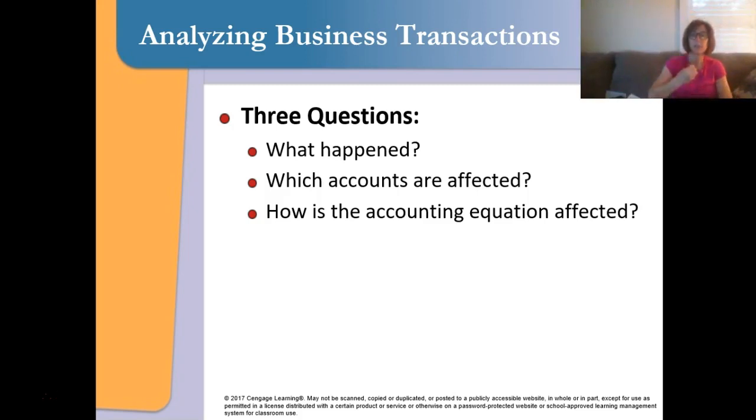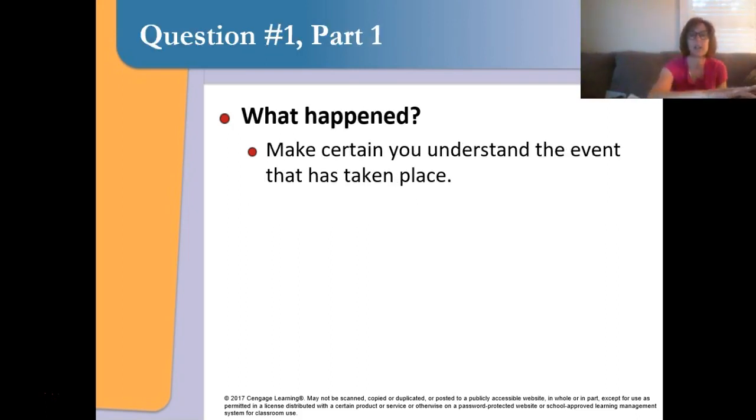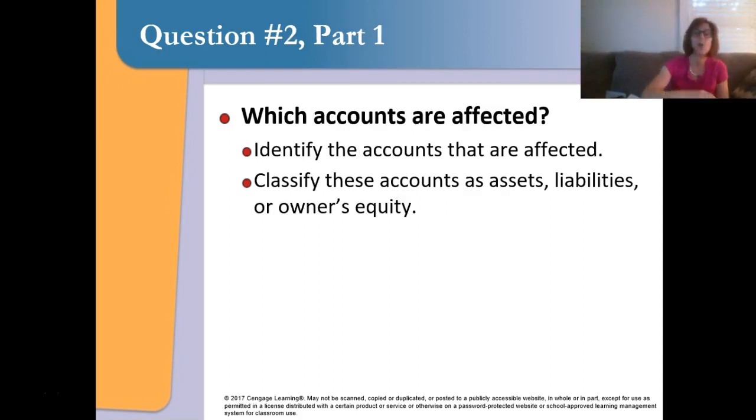So when we're looking at a business transaction, we've got to ask ourselves three things. What happened? What accounts were affected? And how does that change the accounting equation? So let's first focus on what happened. What event took place? Did we sell something? Did we buy something? Did we borrow money? What accounts are going to be affected?